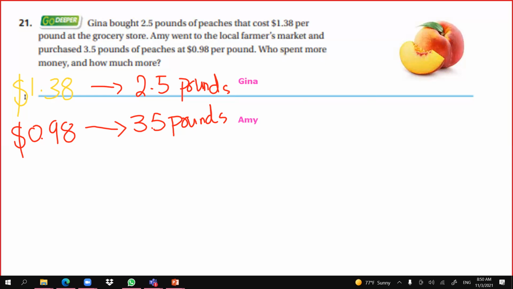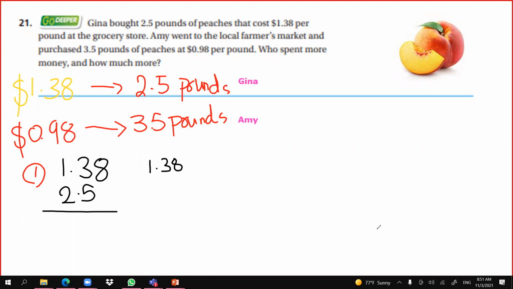I want now to find how much money Gina pays. Yeah, you have to multiply 1.38 times 2.5. So, first of all, you have to multiply 1.38 times 2.5. Add the 0 and put the 4 on top of the 3.